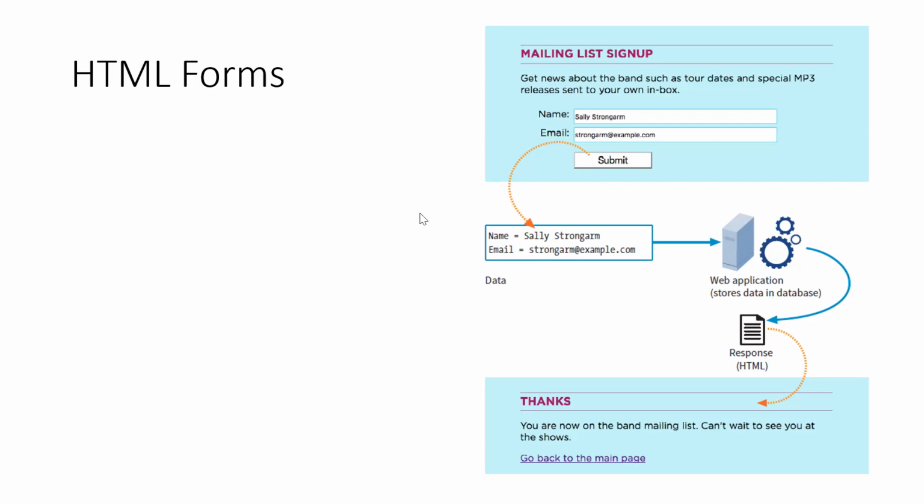So to do that, we need HTML5 forms, the latest version. There are two parts we want to see. First, the mailing list sign up, which is what you normally see. That is one part of HTML forms.